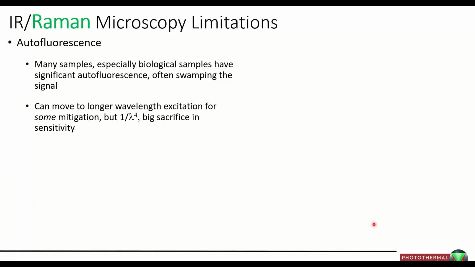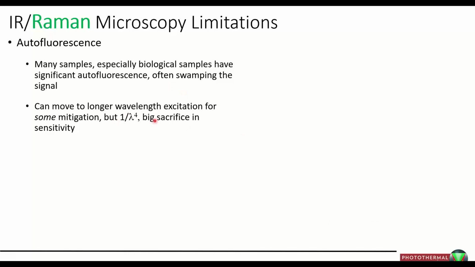On the Raman side of the vibrational equation, any Raman practitioners here would of course be familiar with autofluorescence, and a lot of biologicals, a lot of environmental samples, in fact just a lot of samples full stop, will suffer from autofluorescence, and that can be anywhere from a minor nuisance to completely overwhelming the detector so you get nothing out of it.